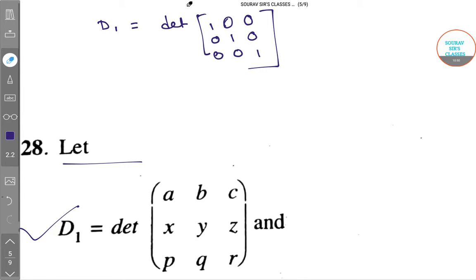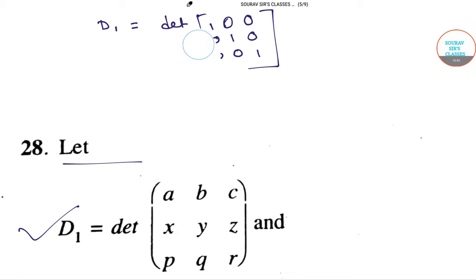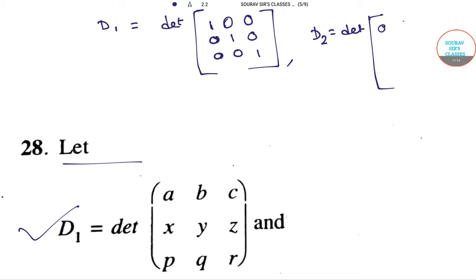Now for D2 we can write the matrix with rows 0 1 0, 1 0 0, 0 0 1.